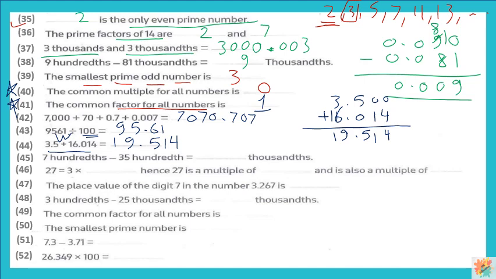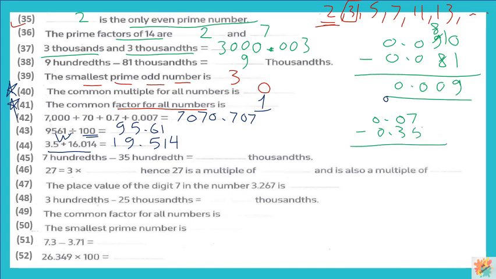Question number 45. 700 minus 3500. So how can we solve it? Okay, so 700 it means that it's 0.07. 3500 it's 0.35 equals so 7 minus 5 ينفع نعمل minus بالشكل ده يا مستر؟ It's 700 minus 3500.